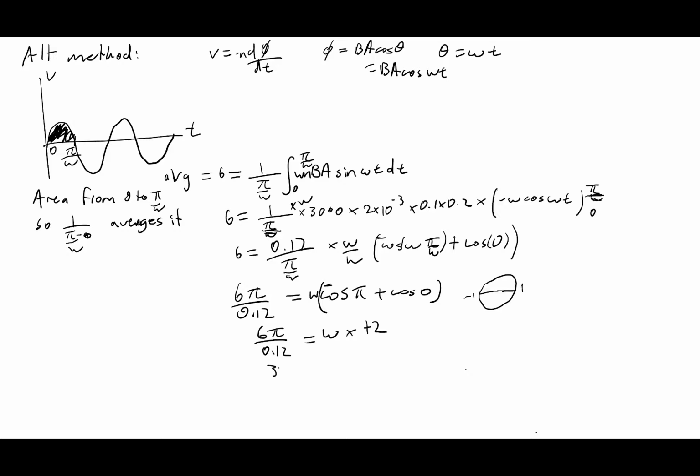So we have 3 pi over 0.12 equals omega. So 3 pi over 0.12. So omega equals, that results in 25 pi radians per second.